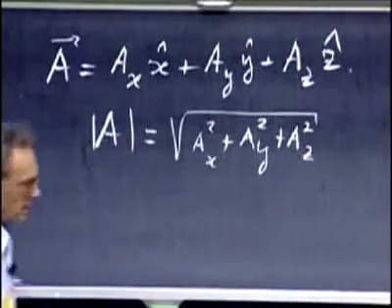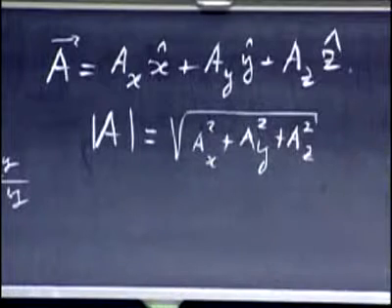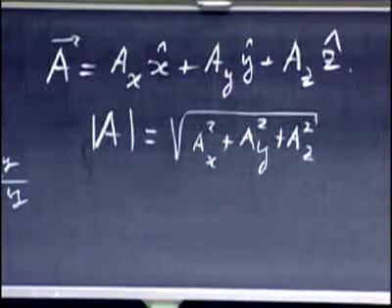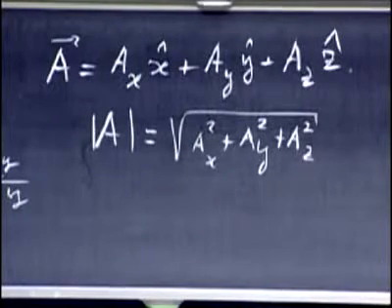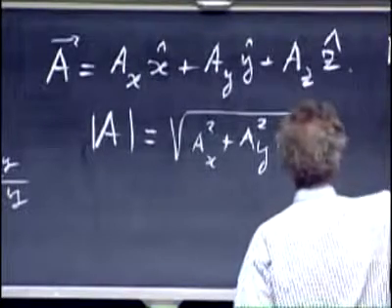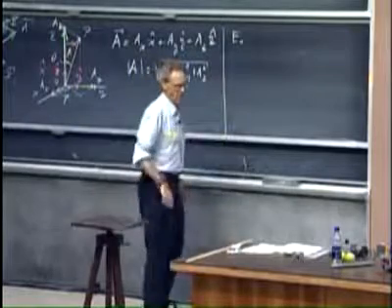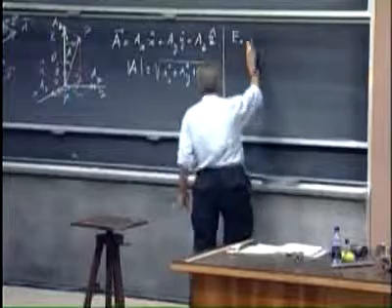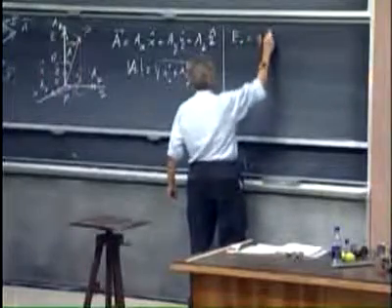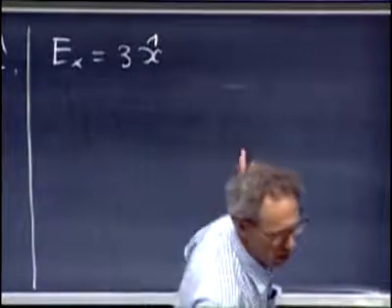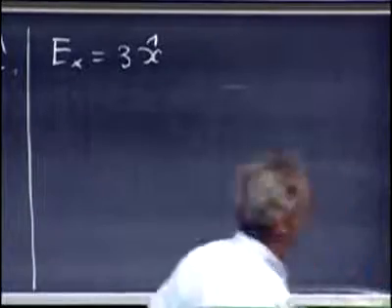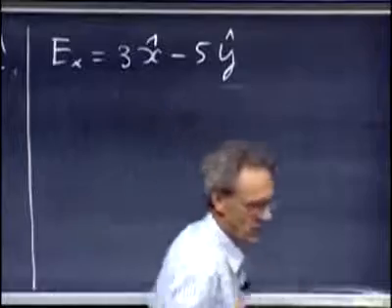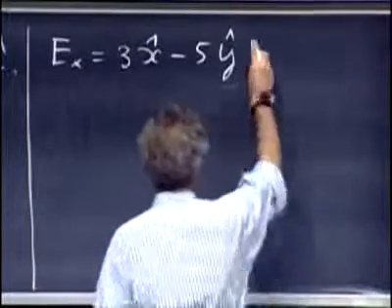And so we can take a simple example. For instance, I take a vector A. This is just an example to see this in action. We call A 3x roof, so A of x is 3, minus 5y roof, plus 6z roof.